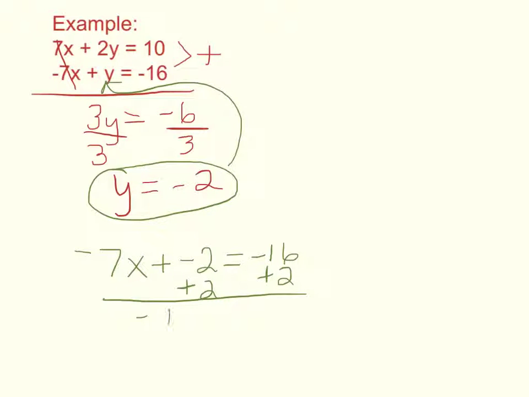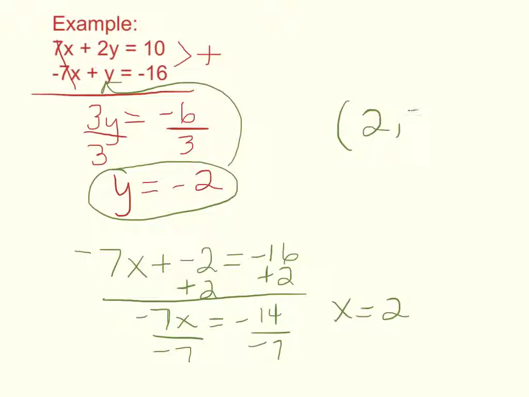So I have negative 7x equals negative 14. Divide by negative 7. So x equals 2. So my solution is 2, negative 2. Remember, if we graph these two lines, this is the point where they would cross.